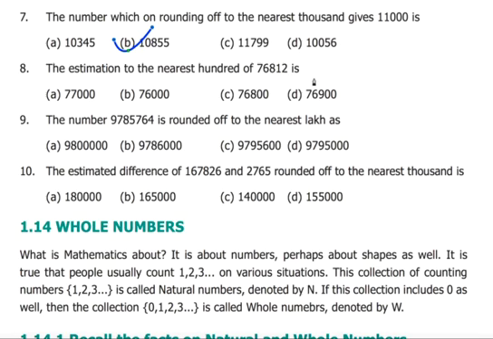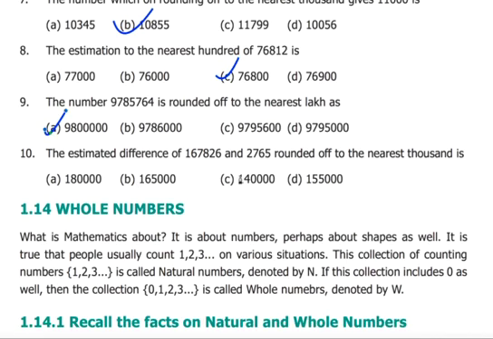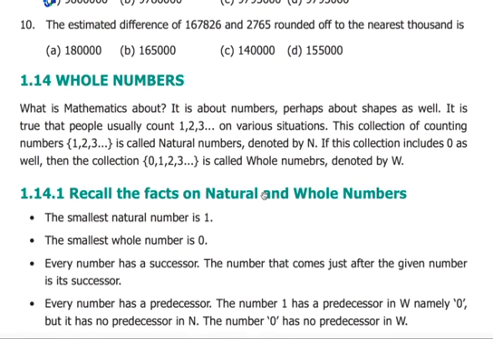The estimate to the nearest hundred of 76,812. This one only. The number is rounded off to the nearest lakh as 98 lakh. Yes, this one. The estimated difference of this and this, rounded off to the nearest thousand, is. This also we do.